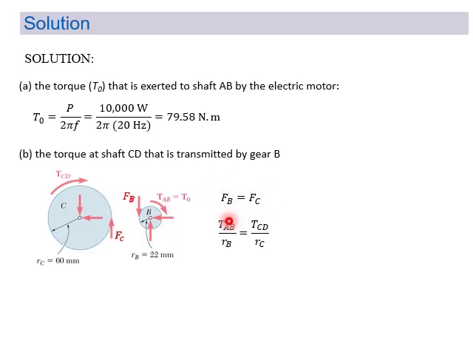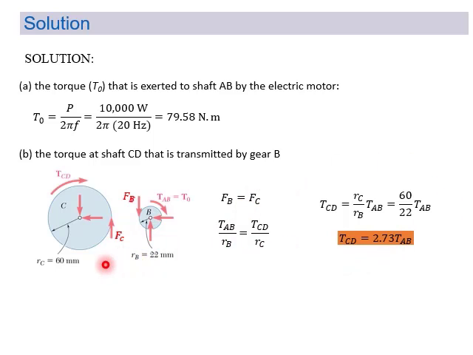From this, you can then derive the value of FB and the value of FC. For FB, FB is obtained by torque AB divided by the radius, because radius times FB is actually the torque AB. Similarly, for the force at gear C, it can be defined by TCD, the torque applied to gear C, divided by the radius of gear C. This is the relationship based on the force equilibrium.